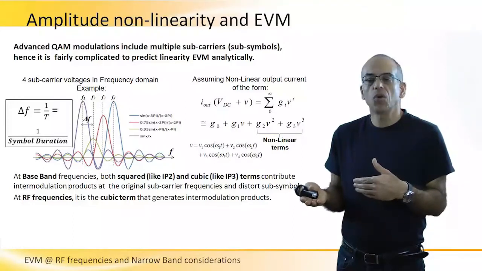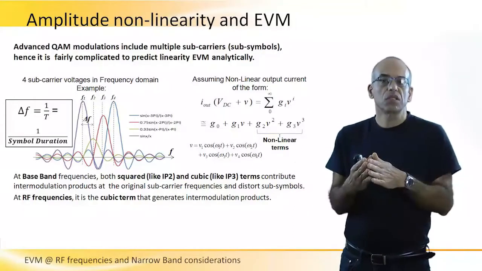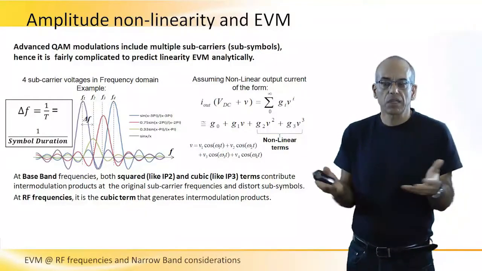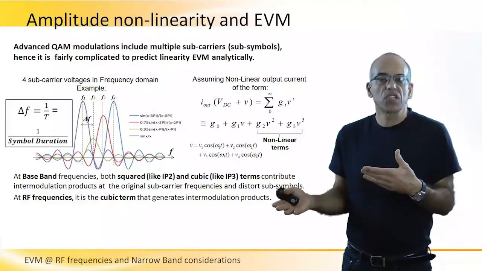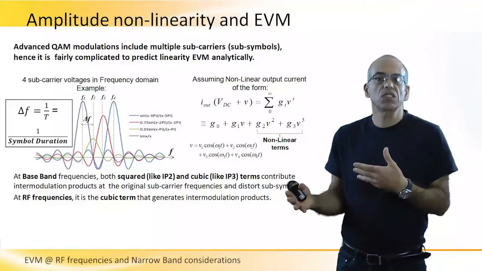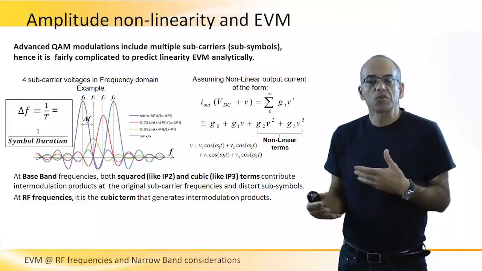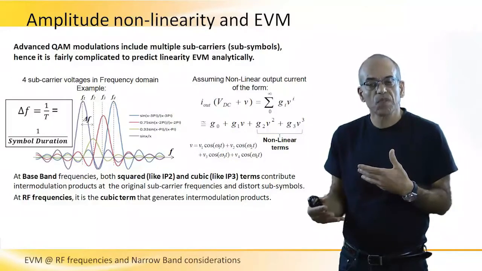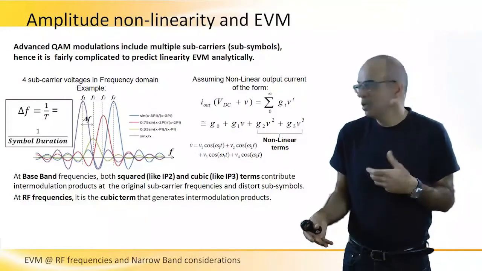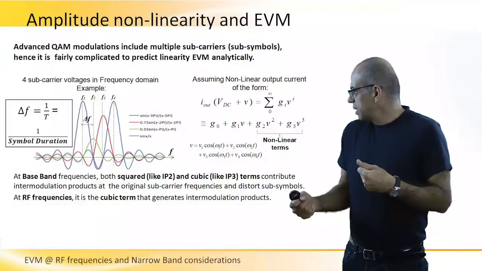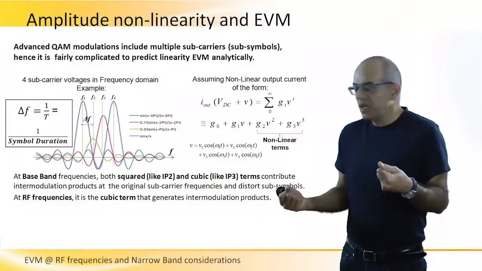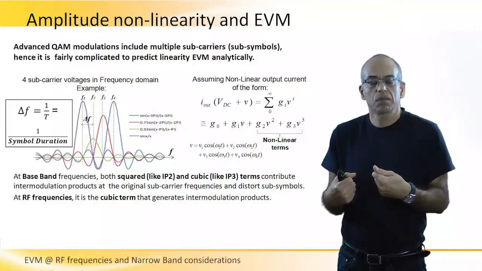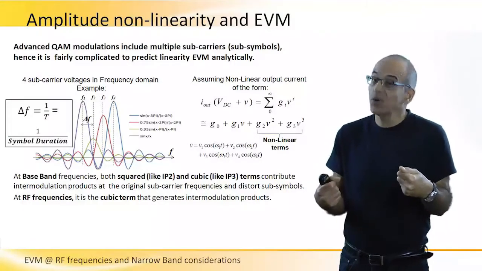And the more we crowd these subcarriers, and the more we increase data rate and go to higher modulation schemes like 64 QAM, 256 QAM, the more severe these problems of linearity become. And again, the best way would be to make the circuitry more linear.